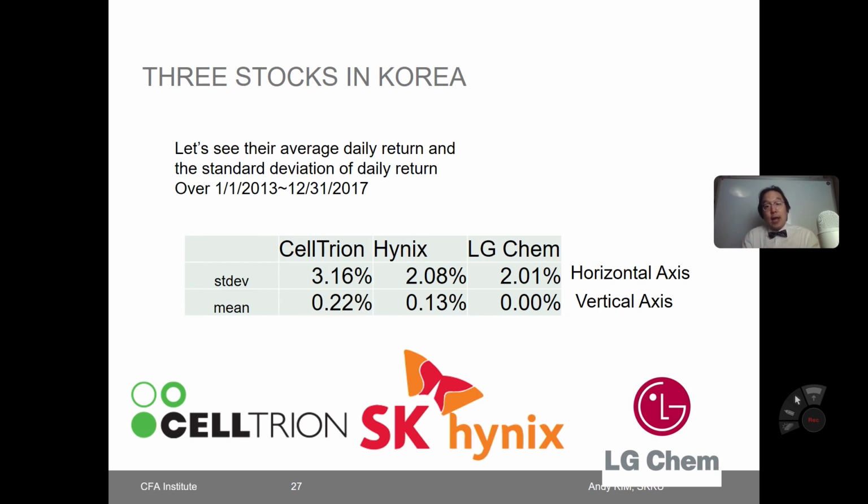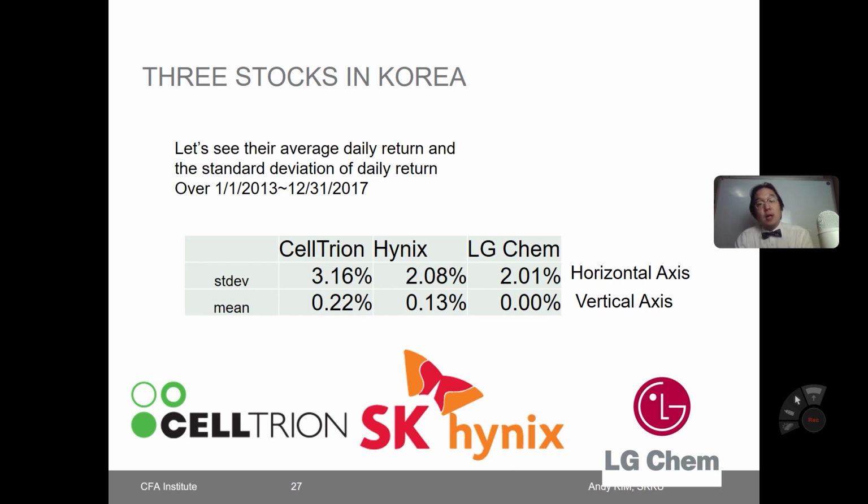So that's that. Here, the basic information is that Celltrion, Hynix and LG Chem have a standard deviation of daily returns of, as you see, 3.16%, 2.08%, and 2.01% respectively, and their average daily returns are shown: 0.22%, 0.13%, and 0%.